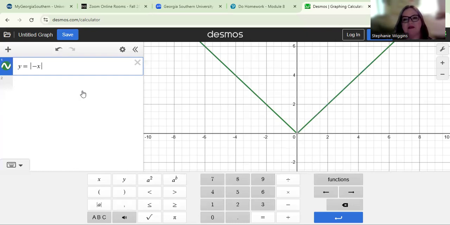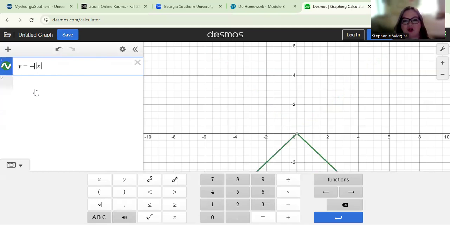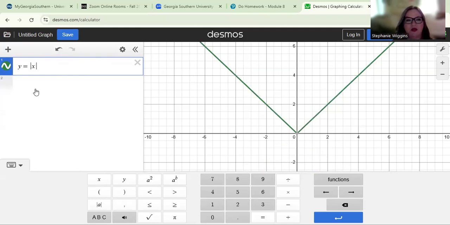That's because the negative is inside the function, so it's reflecting across the y-axis. And if I do that, this curve goes over here, and this curve goes over here, and it's the same function. But if I put it on the outside, it's going to flip it across the x-axis.